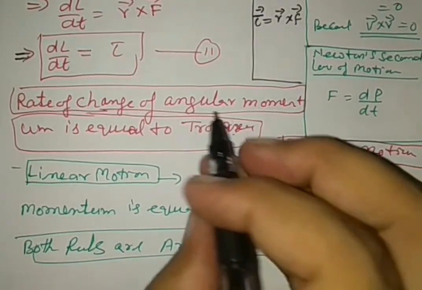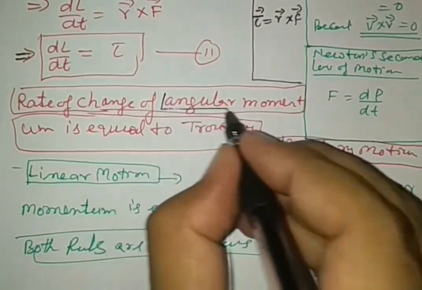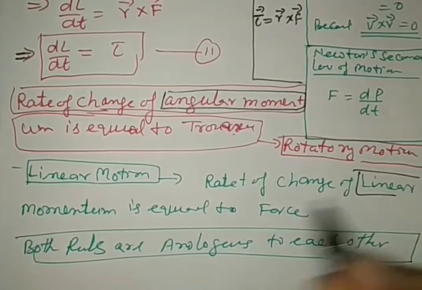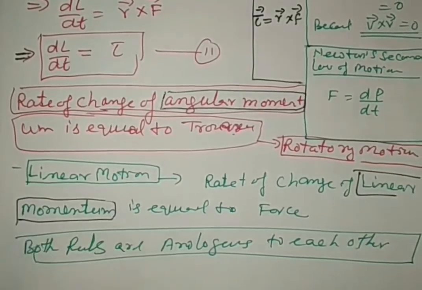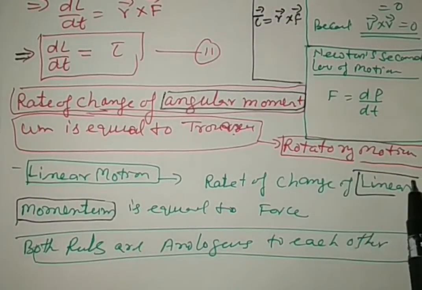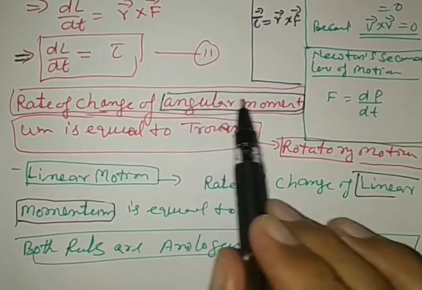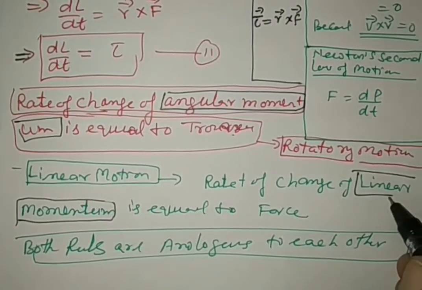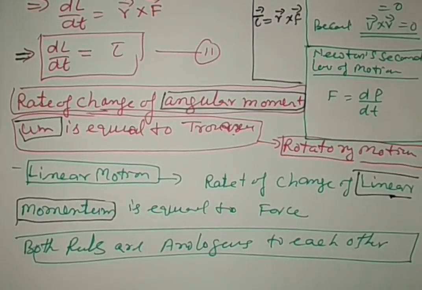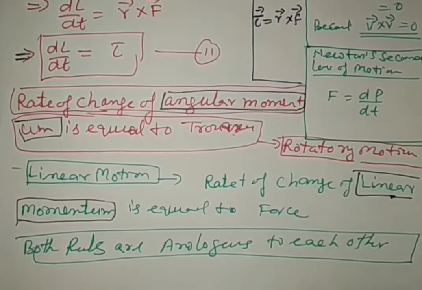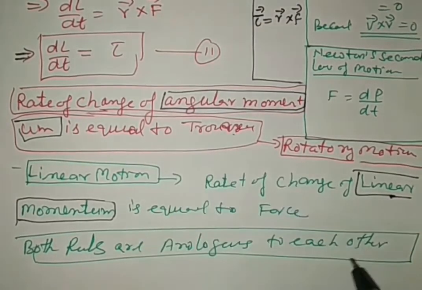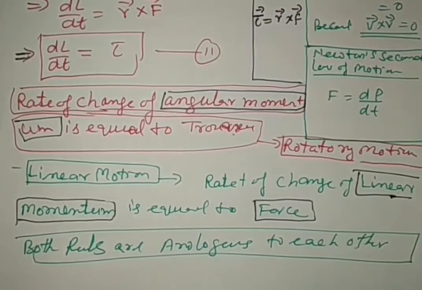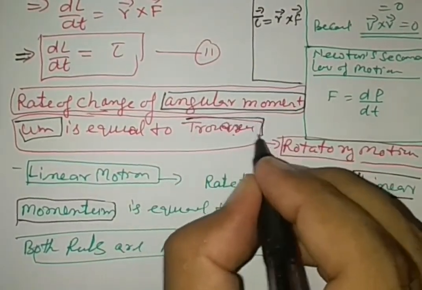In rotatory motion, we have the rate of change of angular momentum, and in linear motion the rate of change of linear momentum. In rotatory motion there is angular momentum, and in linear motion linear momentum, both the same kind of quantity. In linear motion there is the term force, and the similar term there is torque.